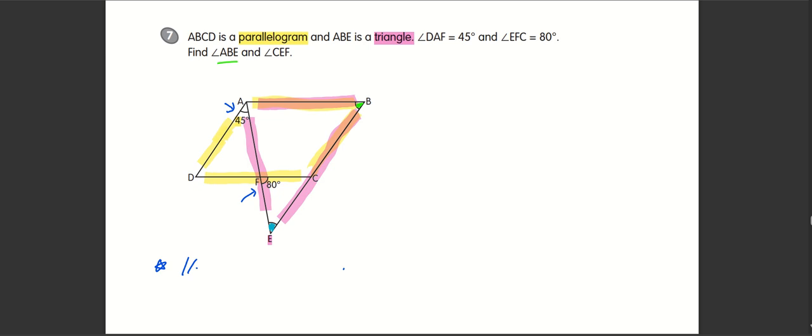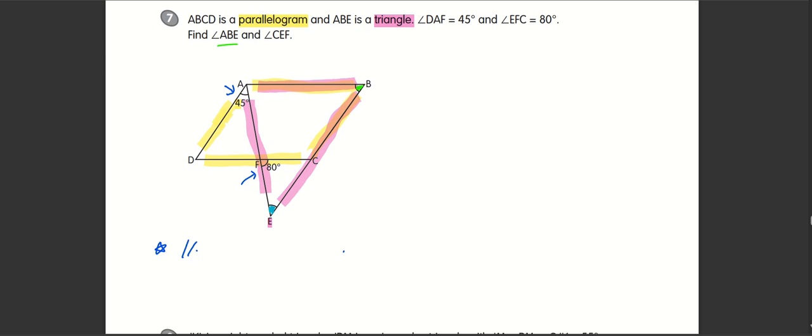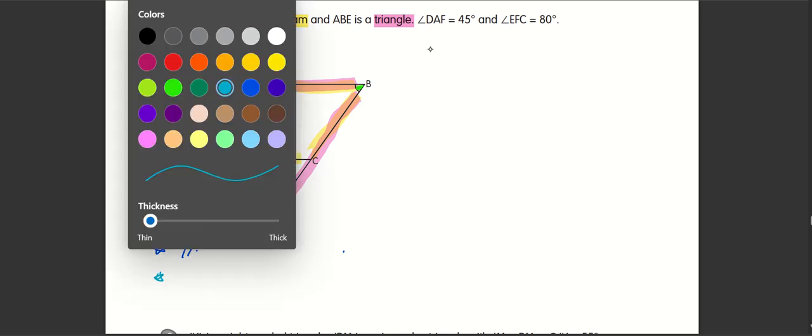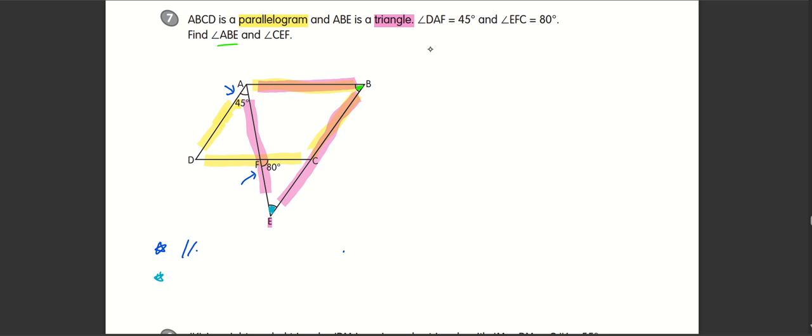Now, starting to solve this, I have to look closely at what properties might be useful to help me solve the question, and what I have learned previously. So I have the parallelogram. Then, of course, I have the triangle. So the next one I'll probably be using is the triangle properties, the sum of angles in a triangle.